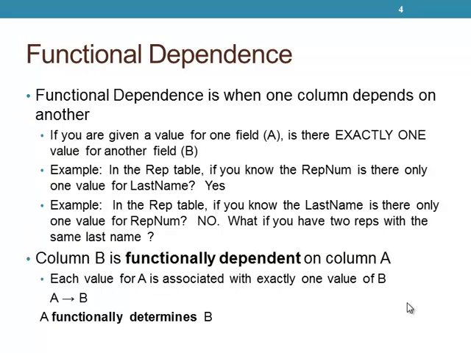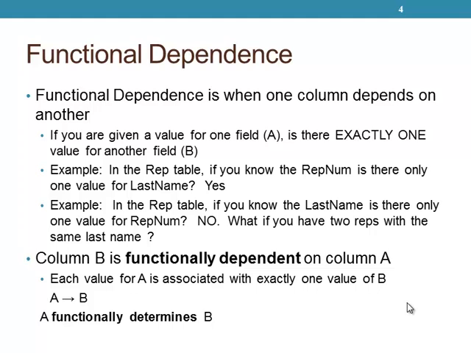So what is functional dependence? It's a lot of words, but it basically means that one field depends on another. So if you're in a database, it means one column depends on another field. If you take, for example, the rep table that you've looked at before in the Premier database, and ask yourself this question: if you know the rep number, is there only one value for last name?